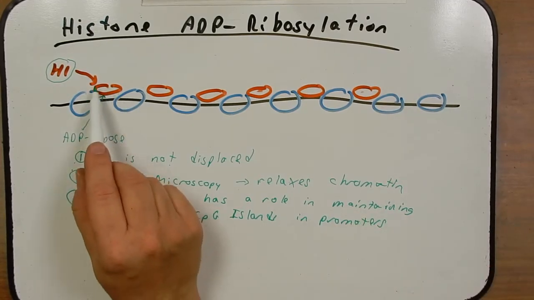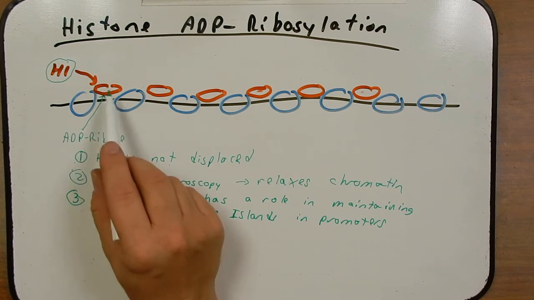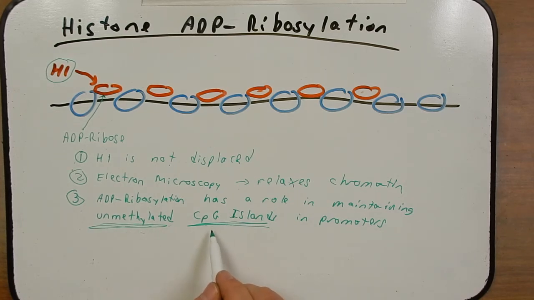So perhaps by loosening the association here, it's providing enzymes access here to make sure that these CpG islands remain unmethylated. Unmethylated CpG islands would promote gene expression. Though at this point, there's still a lot of speculation about what ADP ribosylation is doing. So another area that's wide open for future research.